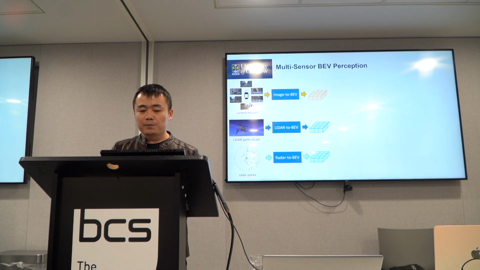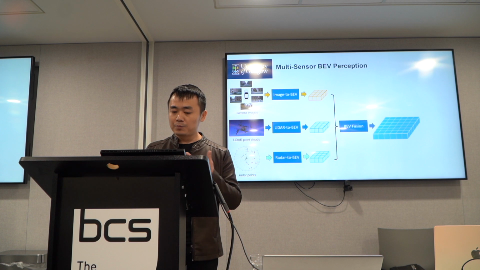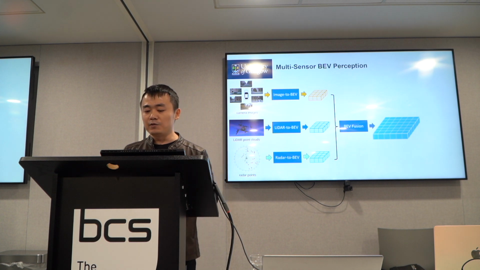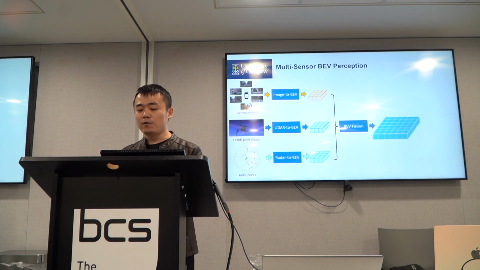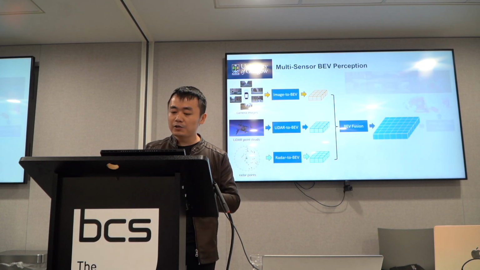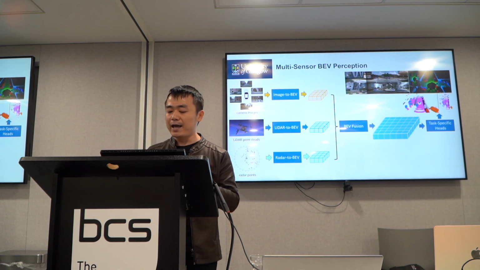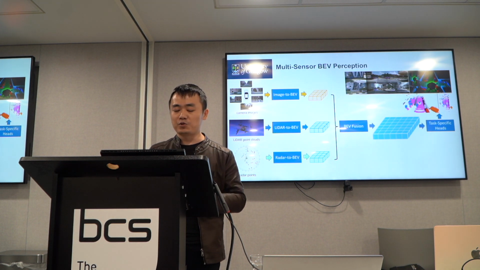After we have these different sources of BEV features, we can do the BEV fusion to gather and fuse the BEV features from multiple sources. And finally, we can feed this fused BEV feature to the task-specific heads to perform the different 3D perception tasks.